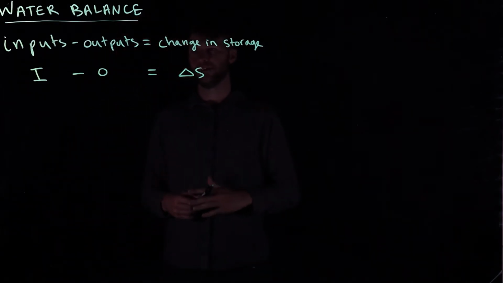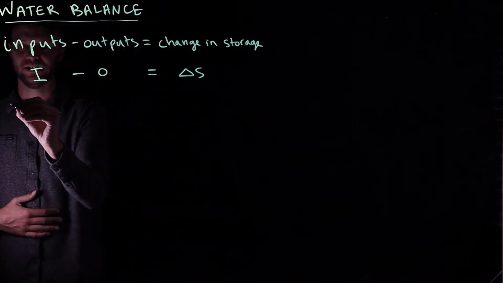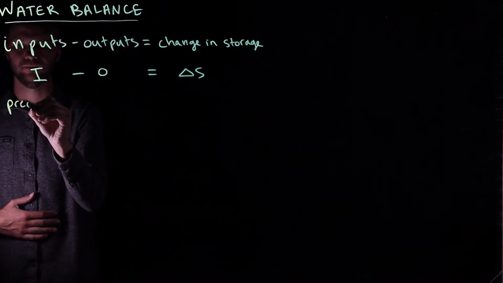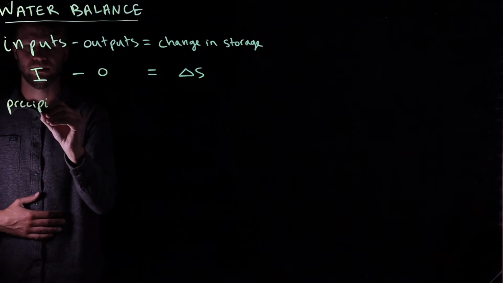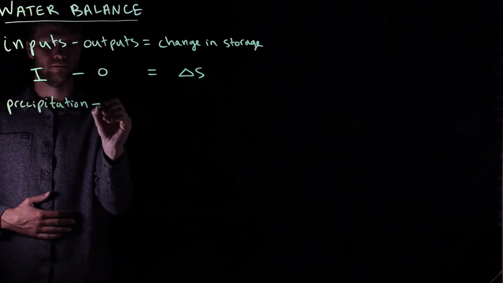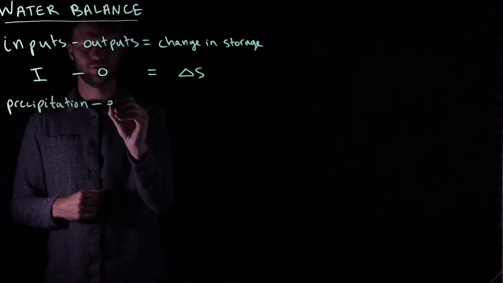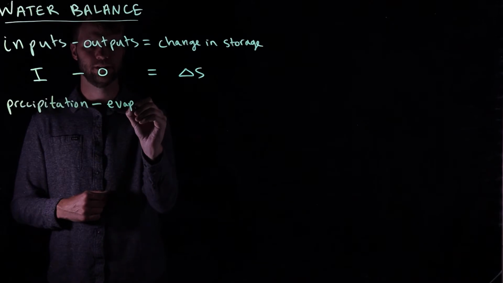When we look at a catchment, what are the inputs and outputs? Well, precipitation is an input, minus the outputs. One output, going back, the return of water vapor to the atmosphere, is evapotranspiration.